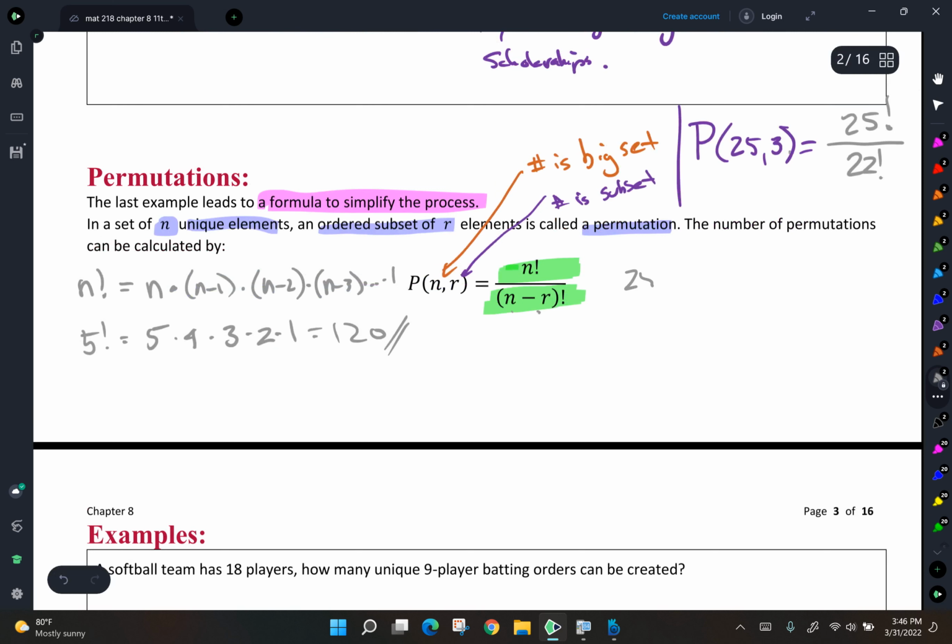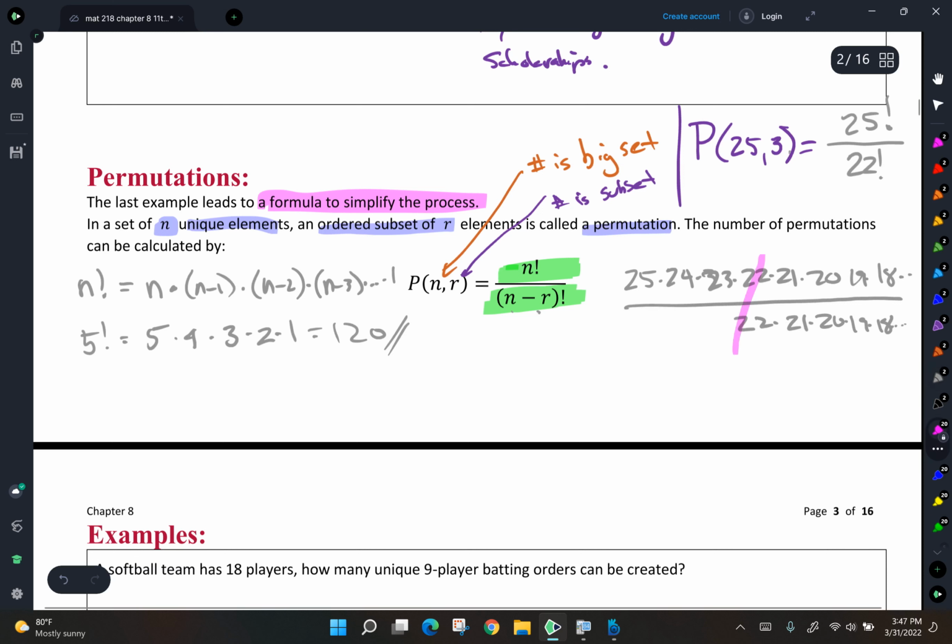That's going to be 25 times 24 times 23 times 22 times 21 times 20 times 19 times 18 times dot dot dot, all divided by 22 factorial, which is 22 times 21 times 20 times 19 times 18 times dot dot dot.